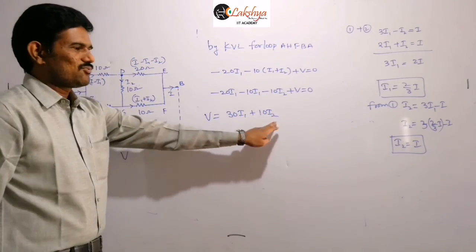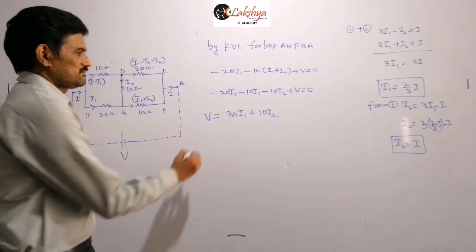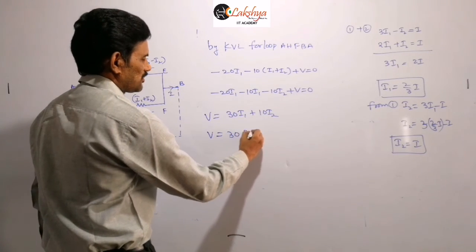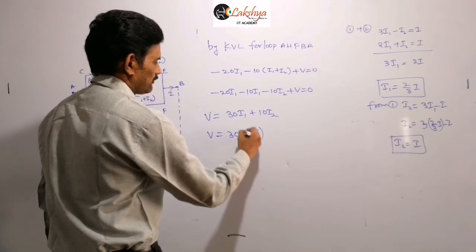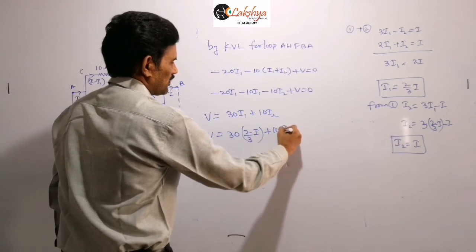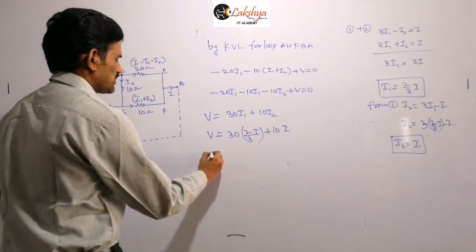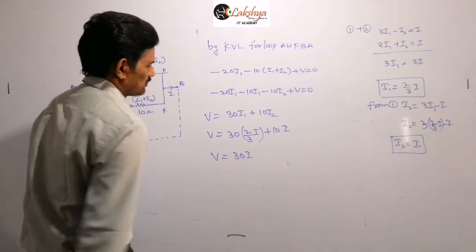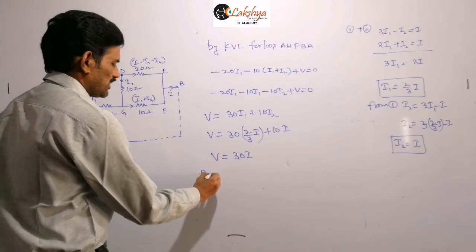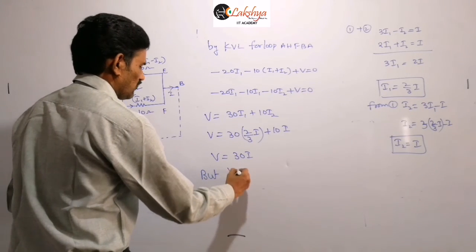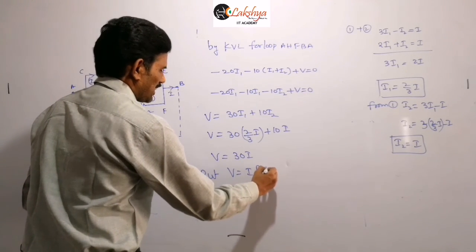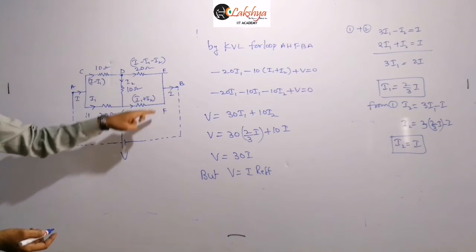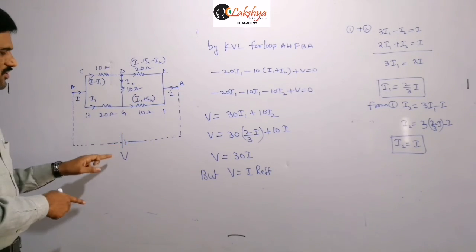Now substitute the I1 and I2 values into that equation. So 30 into I1, which is 2 by 3 I, plus 10 into I, and therefore V is equal to 30 I. But we can also write V as I into R effective, because we are replacing the total circuit by R effective, and the same amount of current should be drawn from the cell.